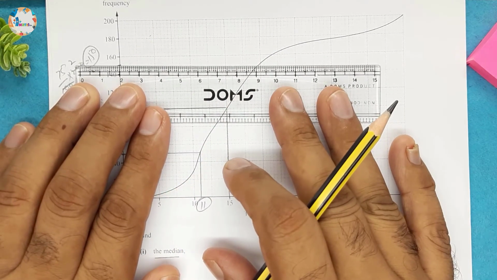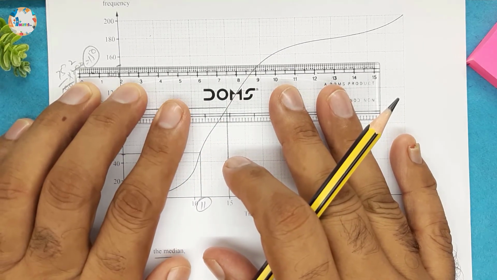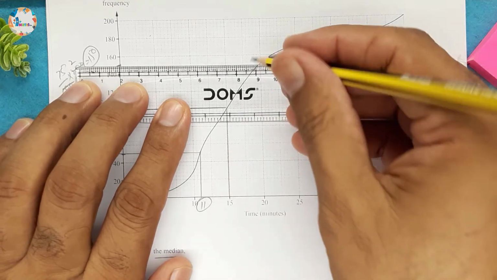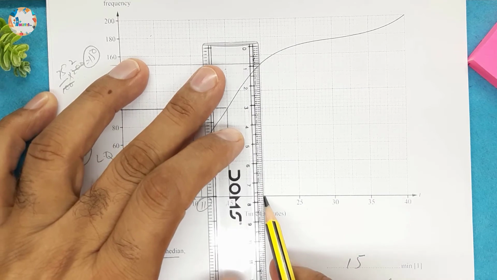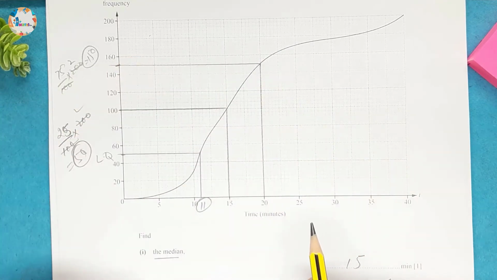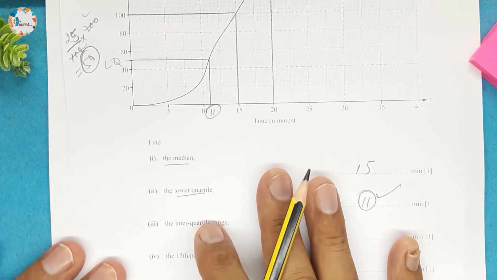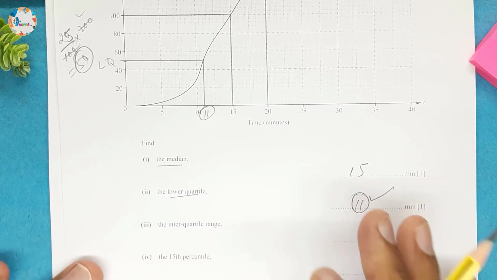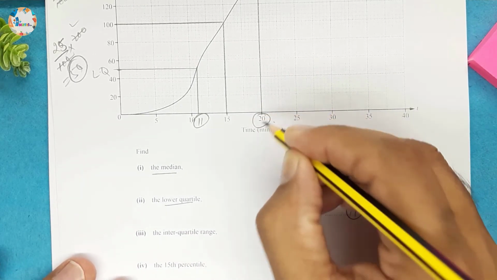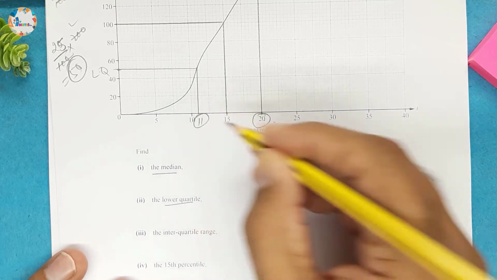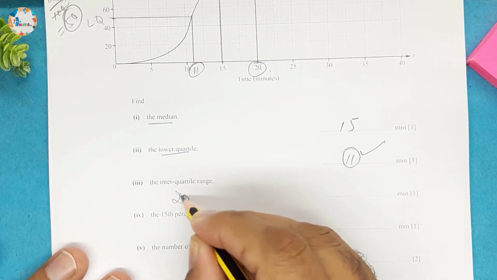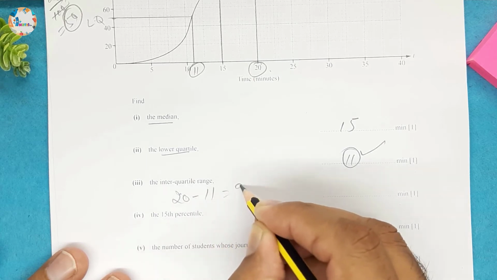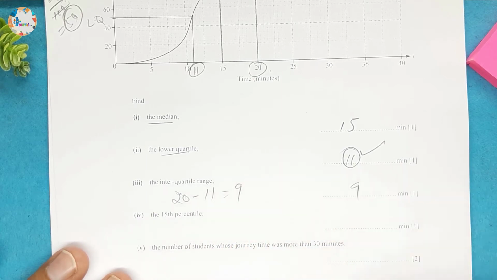So we will join this like this one. So this will be the reference, and from this side we can reach to this one, which is basically the upper quartile. So 20 minus 11 will be the interquartile range. We can write here 20 minus 11, which is equal to 9. So our answer will be 9 for the interquartile range.